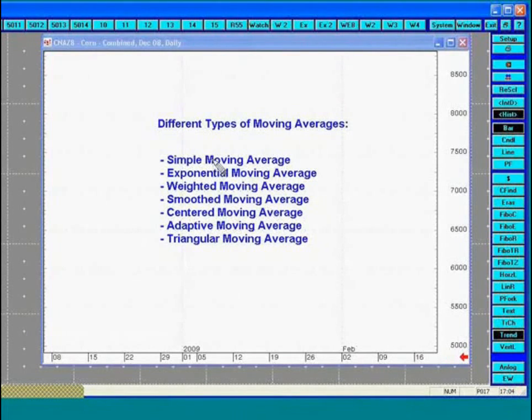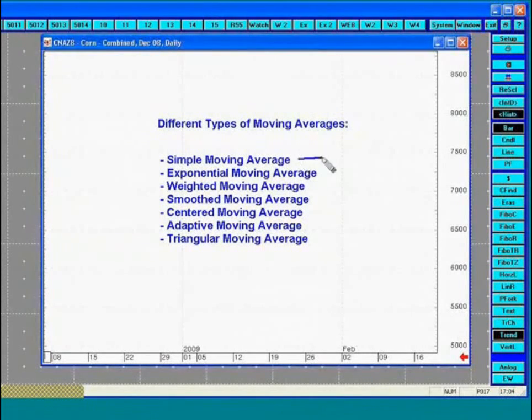I'm sure this is an incomplete list because there are other moving averages out there, but these tend to be the most popular, and specifically the simple moving average, the exponential moving average, and the weighted moving average are really what I would consider the big three.